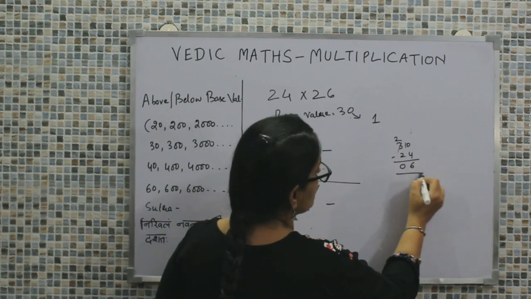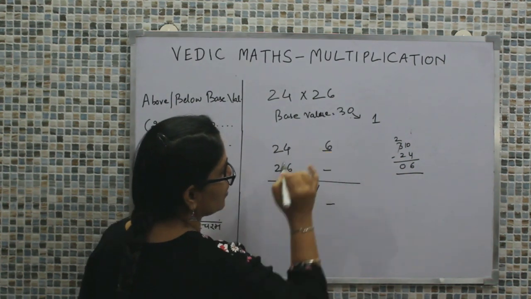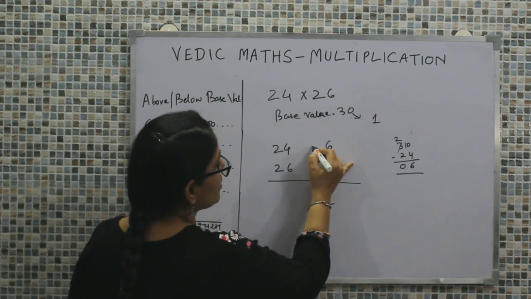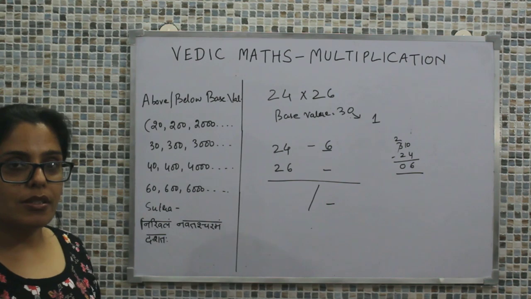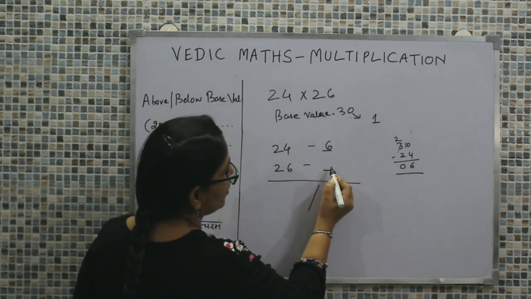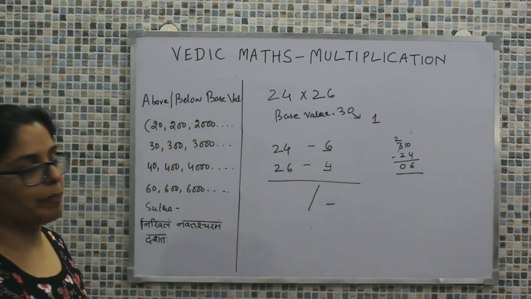So it will be 6. So here we need to write it as 6. When we are putting 6 here, it is going to be minus 6 because it is 6 less than 30. And this is 4 less than 30.